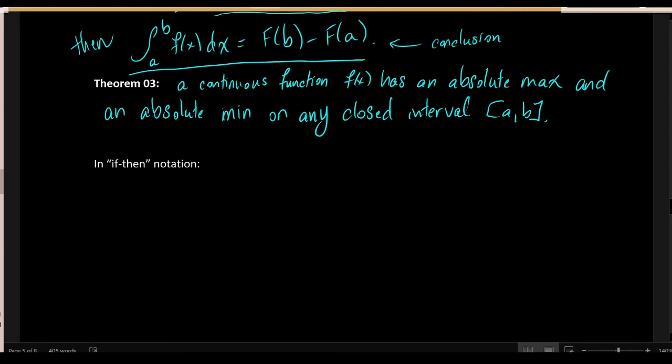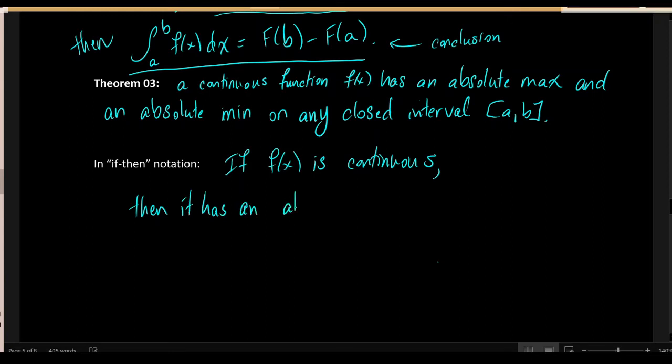Now this doesn't have the words if and then in the statement, but if we paraphrase this theorem a little bit, then we can rewrite it in the traditional if-then notation. We could say, for example, if f of x is continuous, then it has an absolute max and min on any closed interval AB.